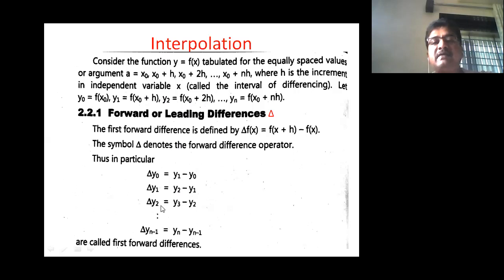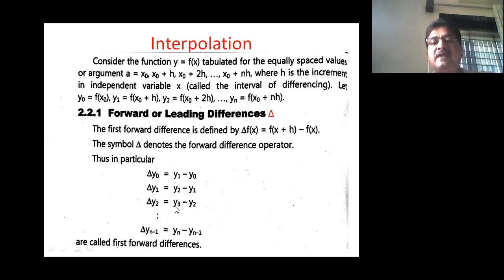Similarly, what is delta y2? The value at the next point, which is y3, minus y2, the value at the same point. So in another notation, delta of y2 means delta of f of x naught plus 2h. What is delta of f of x naught plus 2h?